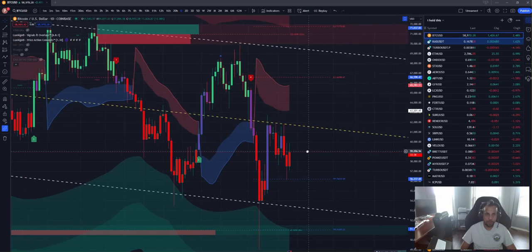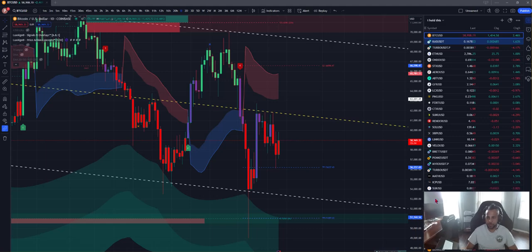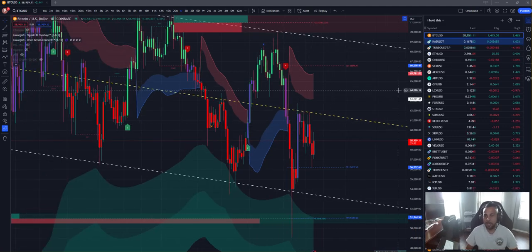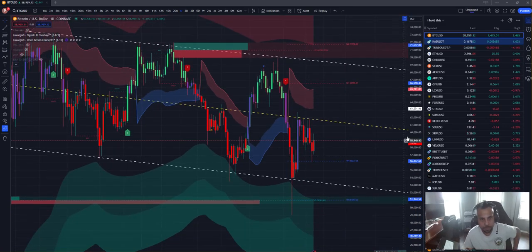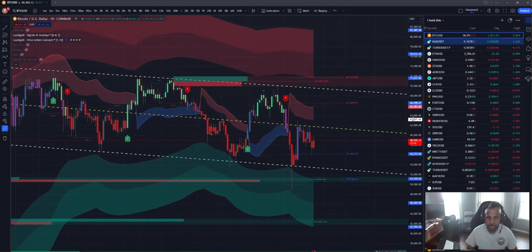So we're going to go over this chart, and I'm going to actually explain to you what some of the meanings on Lux Algo are. I'm going to shrink my chart a little bit, and I'm going to show you. This bottom green area is actually the reversal zone.